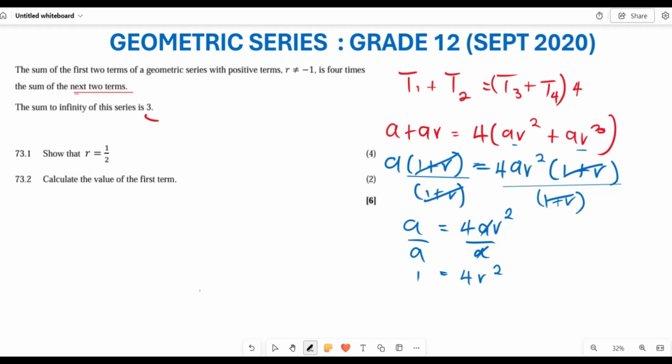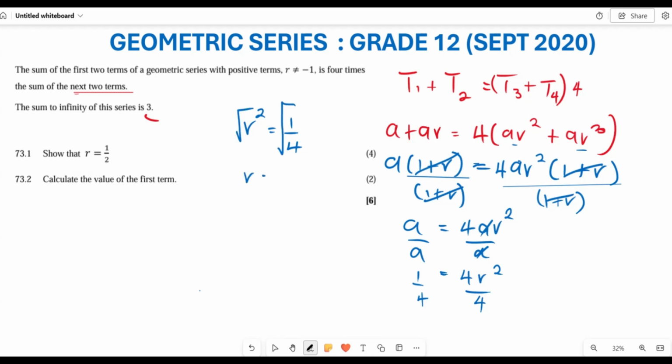Isn't it right? And then from here, what am I going to do? Now I am going to divide here by 4 and here by 4, which means my r squared is going to be 1 over 4. Then I am going to find the square root of this and the square root of this.